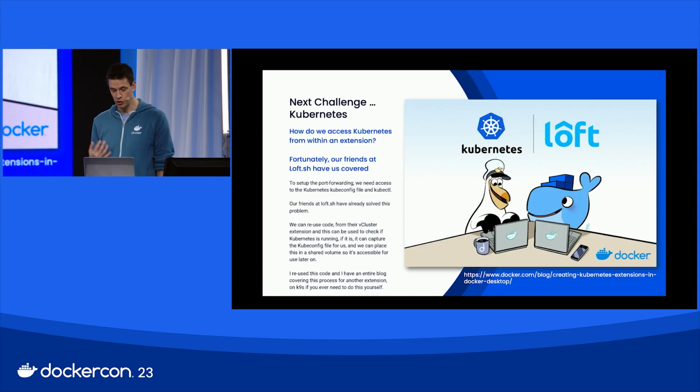So the next challenge then was, how do we actually get this working with Kubernetes? How do we access Kubernetes from within an extension? And fortunately, the team at Loft have done a lot of efforts on this, which you can make use of and reuse.